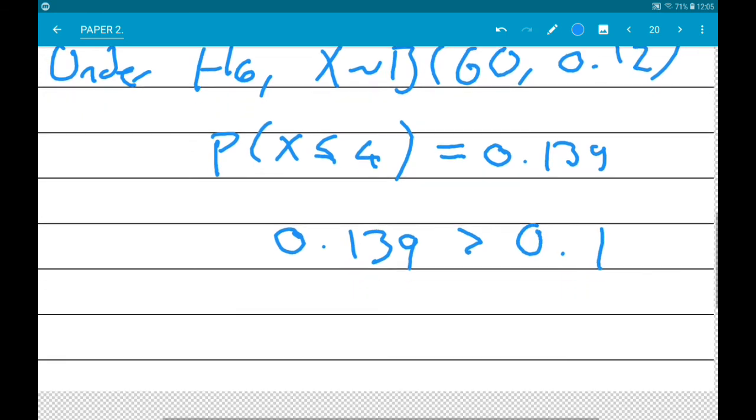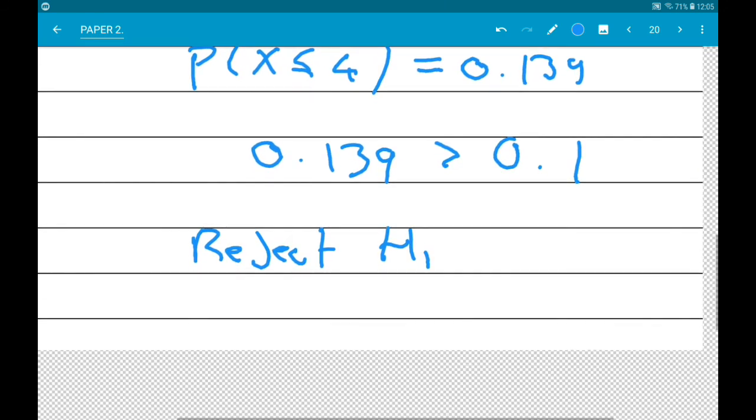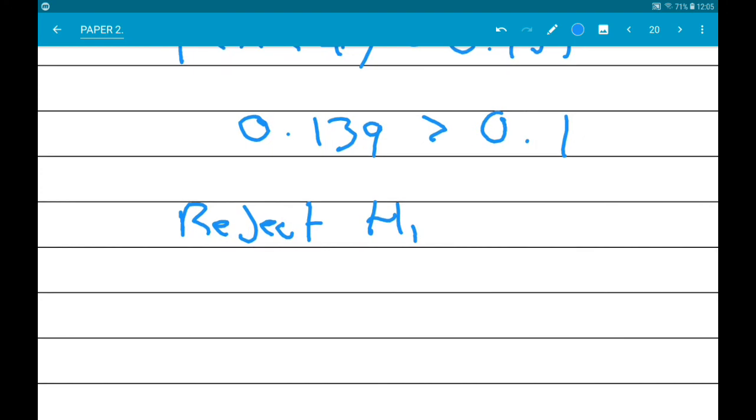So, we reject H1. And then the final thing we need to do is a closing statement. So, something along the lines of, there is no significant evidence the proportion of faulty chargers has reduced.